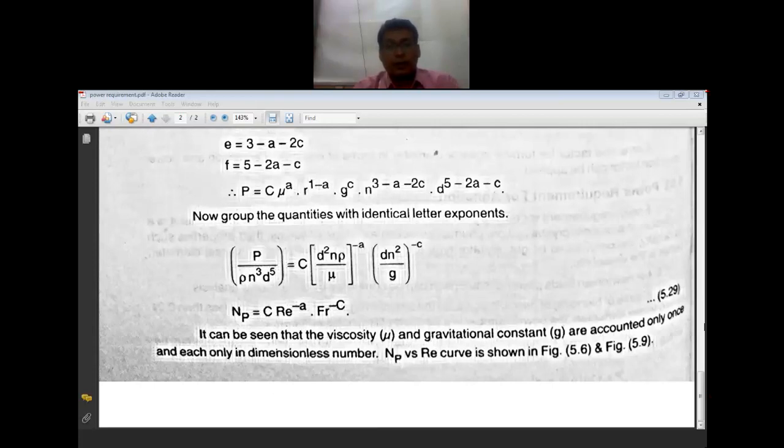So for that purpose, the graph of the power number and Reynolds number relationship is to be plotted. So this graph related to the Reynolds number and power number, that we will see.